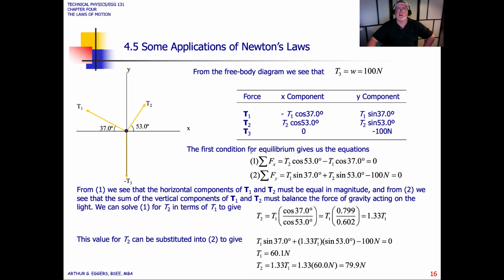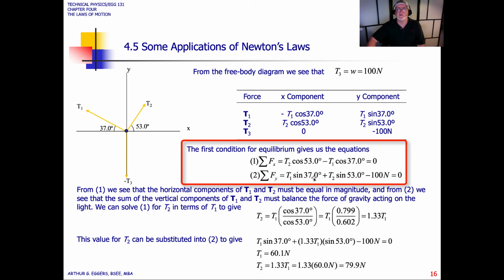So the first condition of equilibrium gives us then the equations. 1, summing all the forces in the x direction, T2 cosine 53 minus T1 cosine 37 equals 0. So that's our equilibrium statement. We do the same thing for our y terms, summing all the y terms of force.